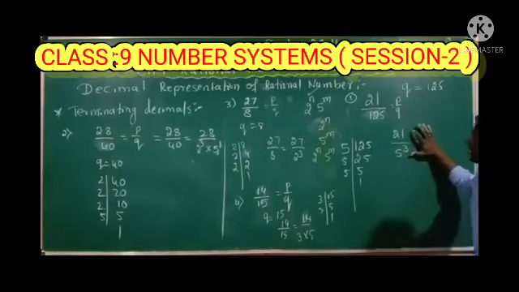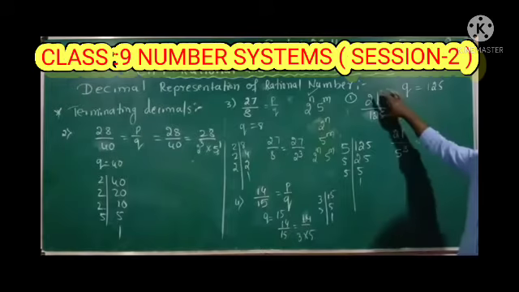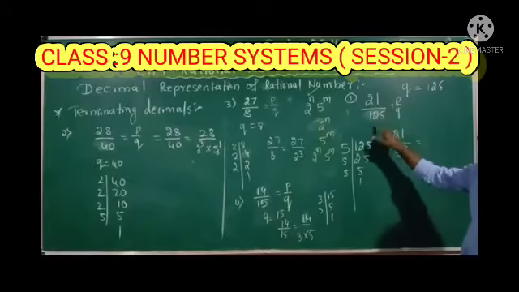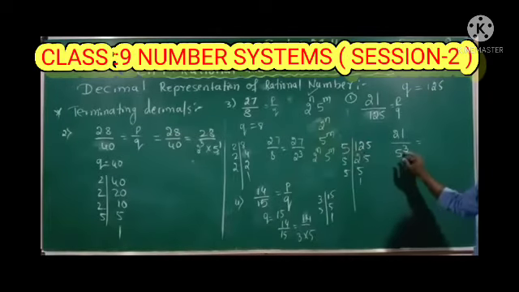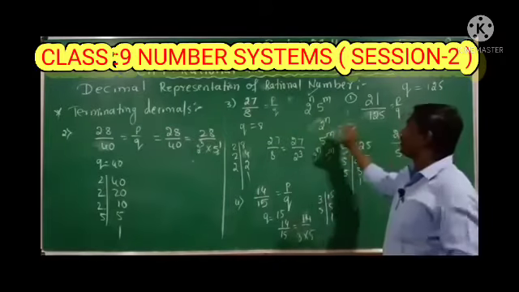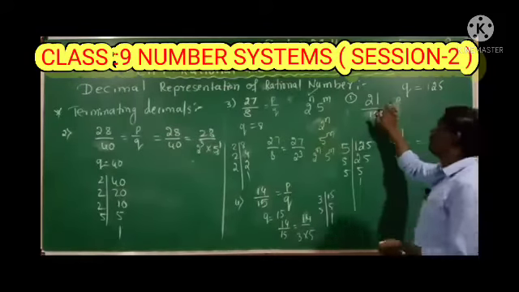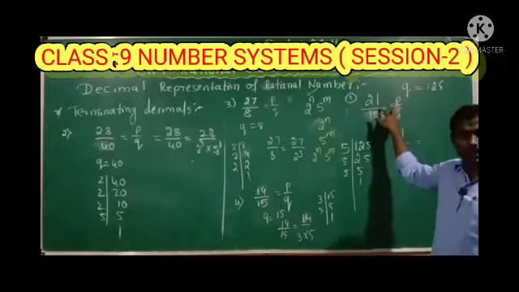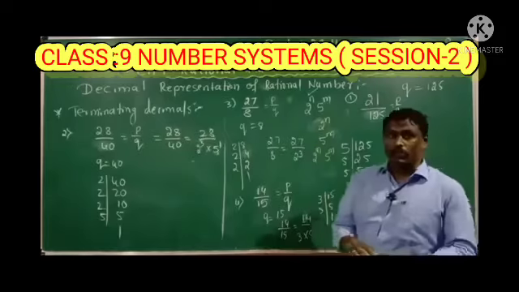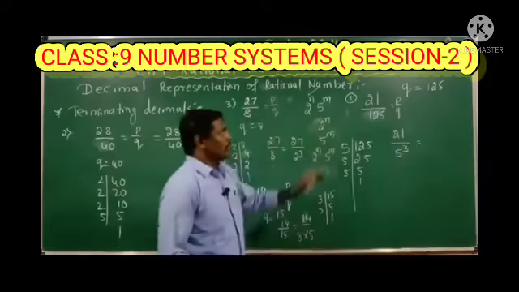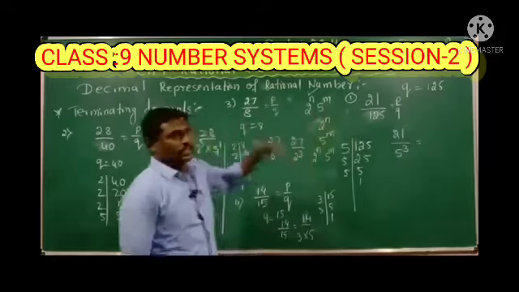So in the first example, the denominator of the first rational number is 125. When I factorize it with the help of the prime factors, I will get 5 cube. So 5 cube is one of the forms of terminating. So this number will be completely terminating. We will discuss some problems like this in this session only.